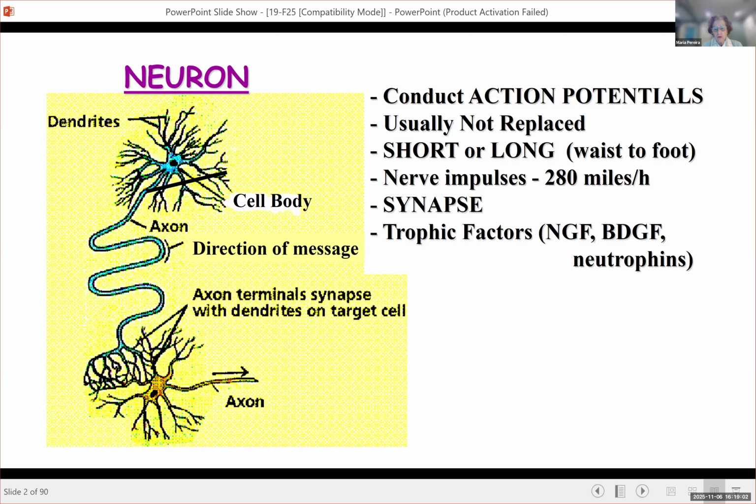Or they can be short also, especially the interneurons. We will talk today about that. You will have a very good idea what an interneuron is. And the impulses, the electrical current that travels along the axon, can go very, very fast, sometimes up to 218 miles per second.